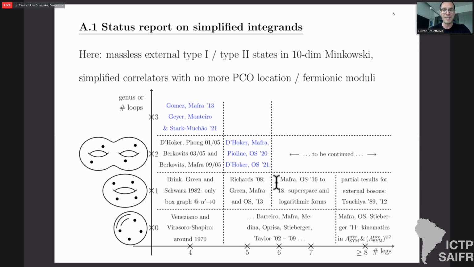It's for the moment in 10-dimensional Minkowski, though we are obviously all burning to take this to the AdS and so on. And yeah, I will specifically talk about 2-loop 5-point and 3-loop 4-points, where we have new simplified results for these correlators, free of spurious locations of BGOs or PCOs. And yeah, this is what I will describe in detail in the first half of this talk.